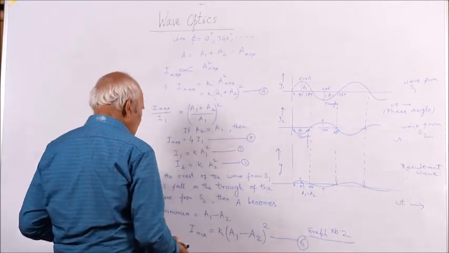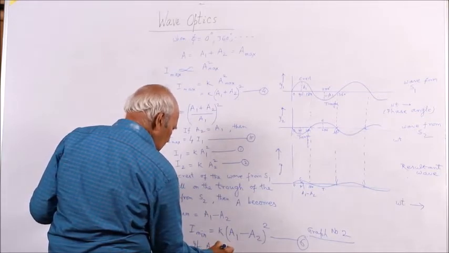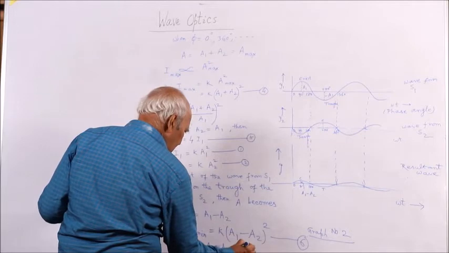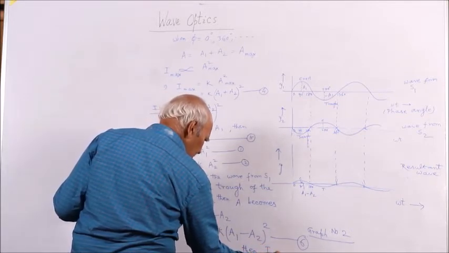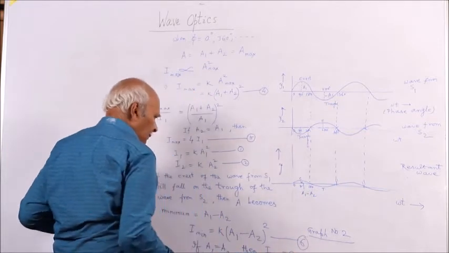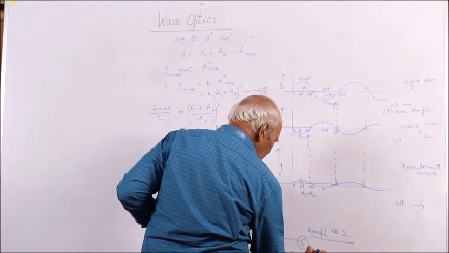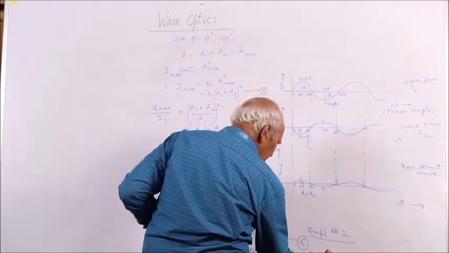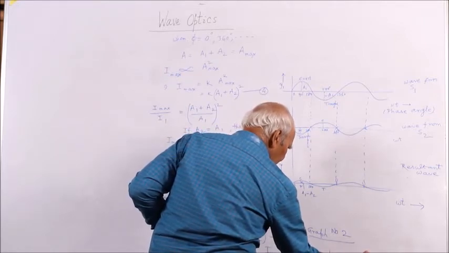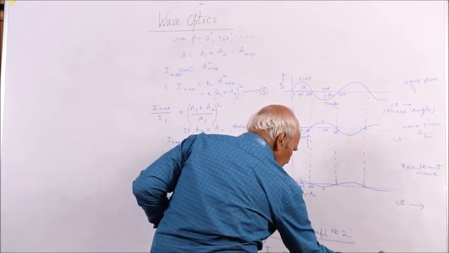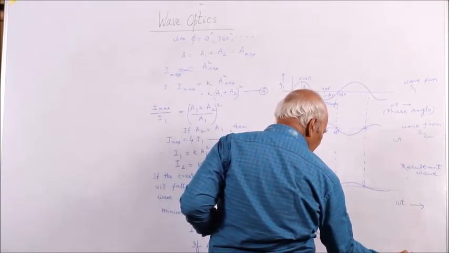And if A1 is equal to A2, then I minimum is equal to 0. If I minimum is equal to 0, then a perfect dark spot is formed.